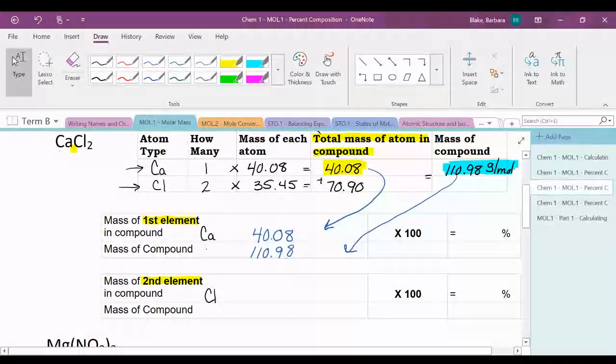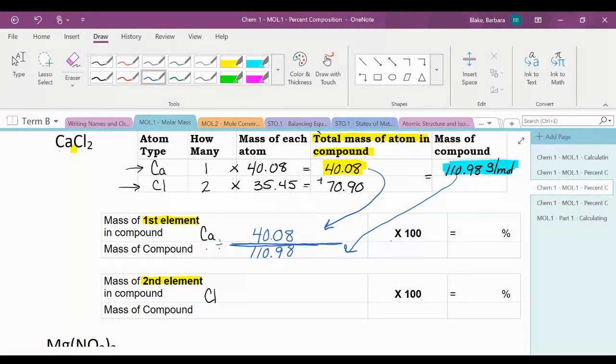which is the mass of my compound. Now, trying to do this digitally, yes, on your worksheets, you can imagine this line as your dividing line. And what am I going to do? I am going to take 40.08 divided by this 110.98 times 100 to get the percent of calcium in the compound. So it's 40.08 divided by 110.98 times 100, and I'm going to come out with 36 and a whole bunch of decimal places.